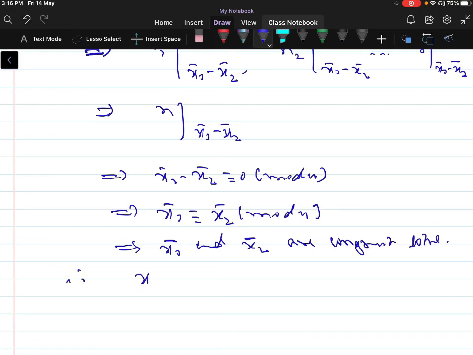Therefore x1 bar is equal to x2 bar. Hence we can write the solution is unique.